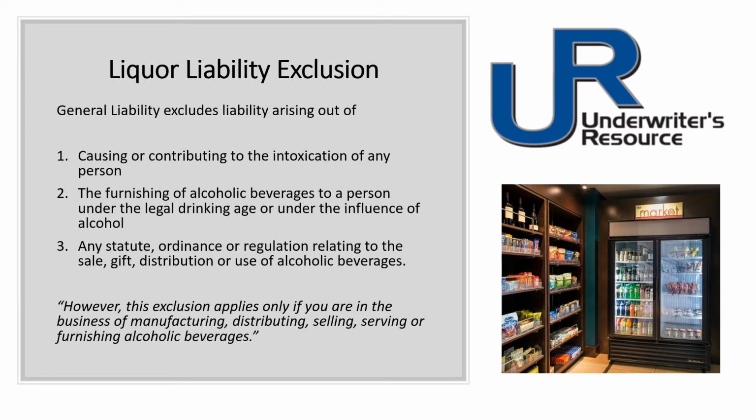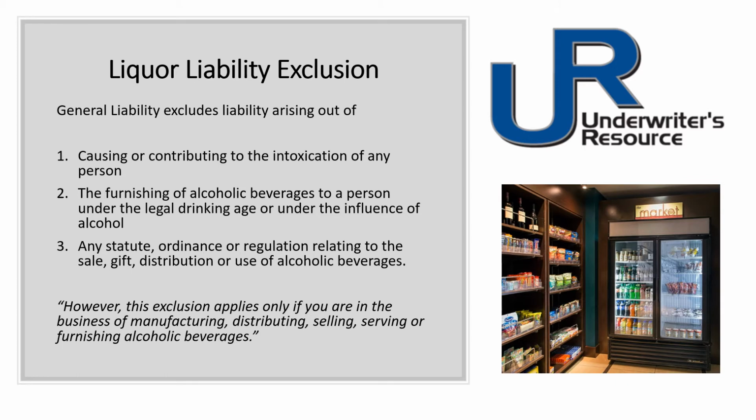Let's spend a moment on the liquor liability exclusion that is in the general liability policy. It excludes liability arising out of contributing to the intoxication, furnishing alcoholic beverages to somebody who's under legal drinking age, or violation of any statute such as dram shop laws. However, the exclusion only applies to businesses in the business of manufacturing, distributing, selling, serving, or furnishing of alcoholic beverages.